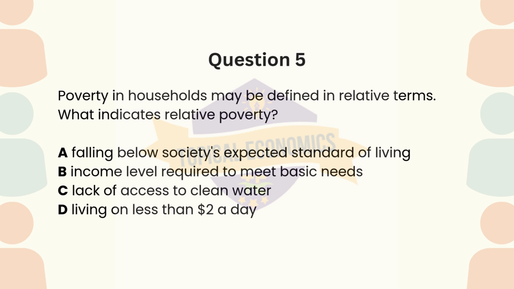So again, this is incorrect. And option D, living on less than $2 a day. This is also defining absolute poverty, indicating a fixed poverty line rather than a relative measure of living standards. So the correct option for this question is option A.